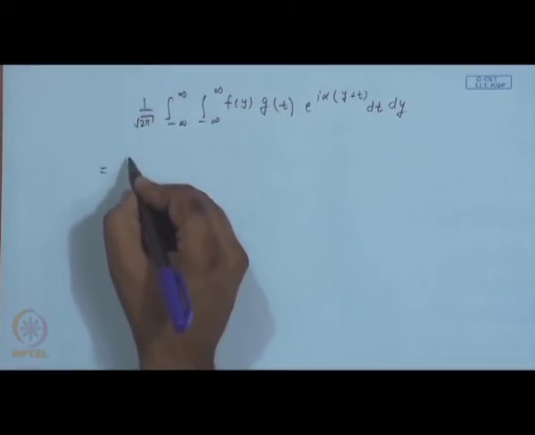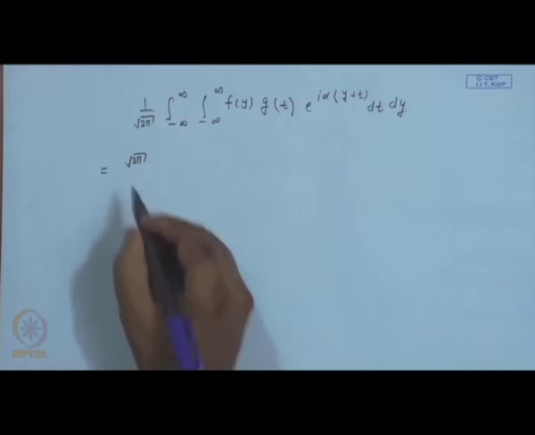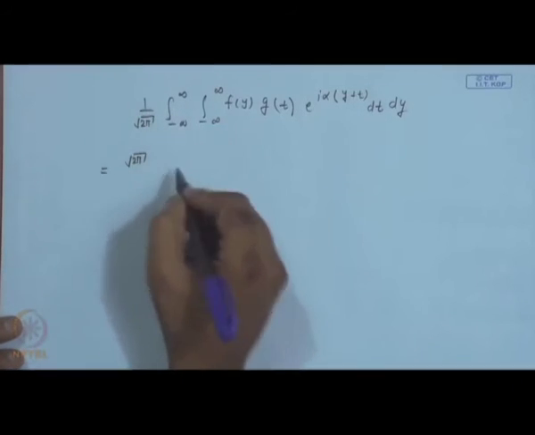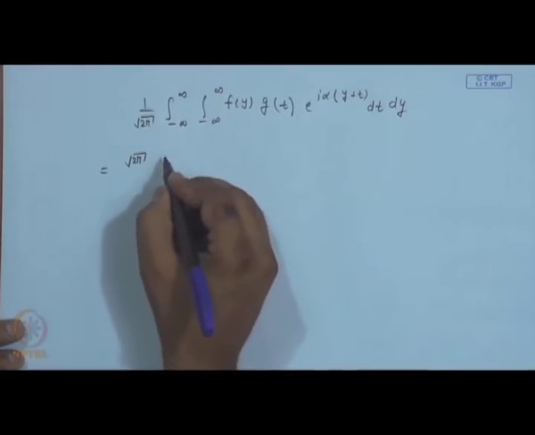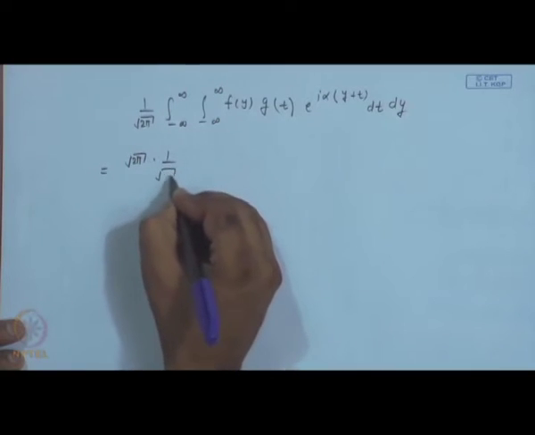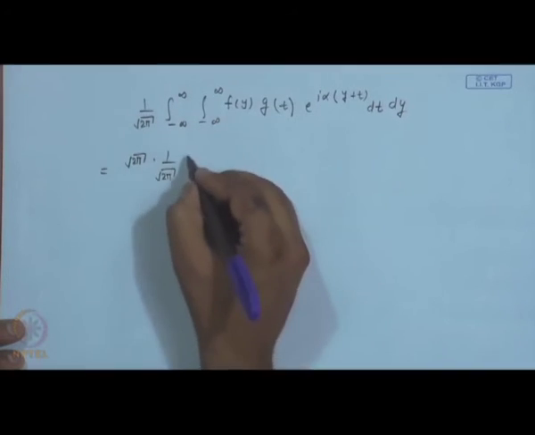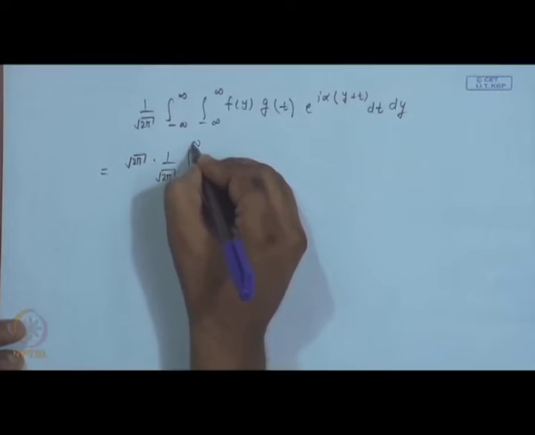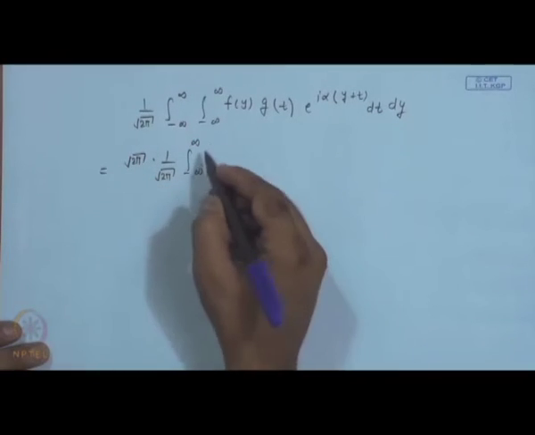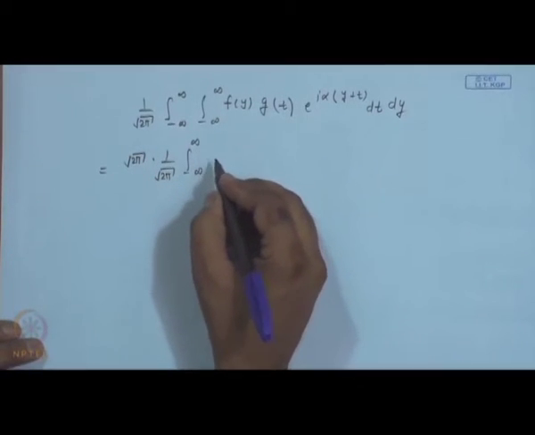We multiply this 1 over square root 2 pi to get 1 over square root 2 pi once again. So, once this is sitting here anyway, that is coming from minus infinity to plus infinity, and we have multiplied, so we will also divide here.